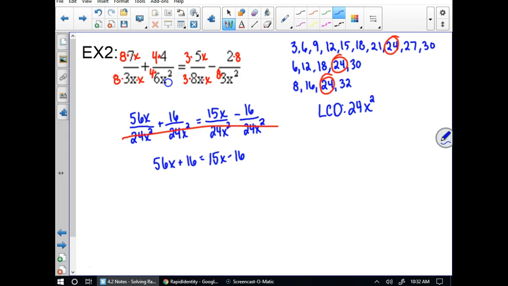Okay, is this a quadratic? It is not a quadratic. I'm just solving this like a regular equation, like we're in Math 1. So I'm going to subtract the 15x over here. That will give me 41x plus 16 equals negative 16.